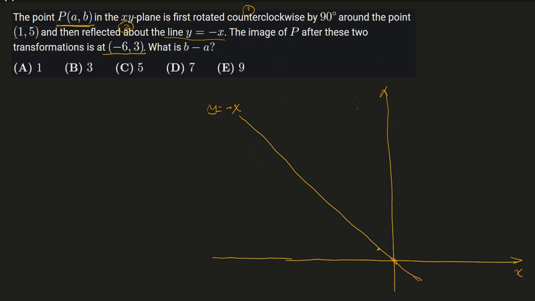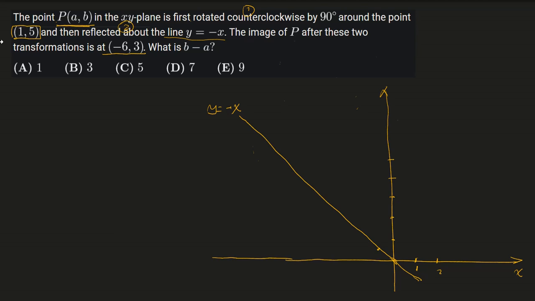And then we have another crucial point, which is this point. This is the center of the rotation. Therefore, let's mark that out. (1, 5). So let's say this is 1 and this is 2. And for the point (1, 5), we need to find 1, 2, 3, 4, 5.